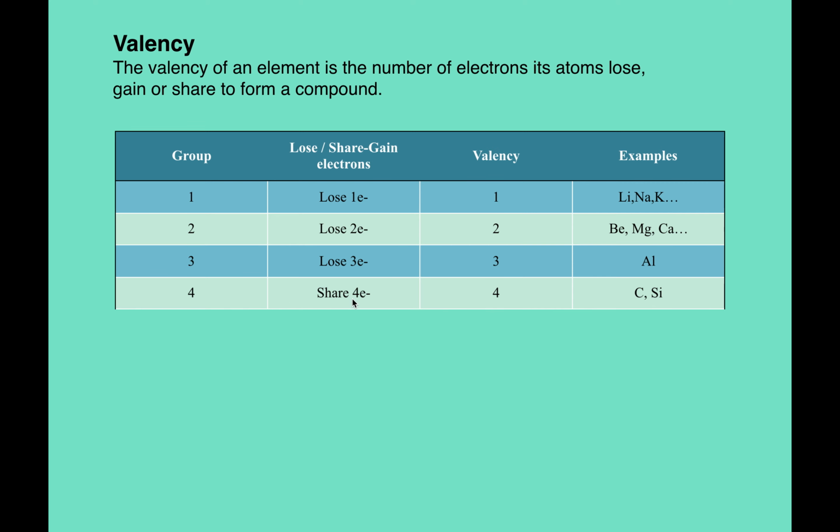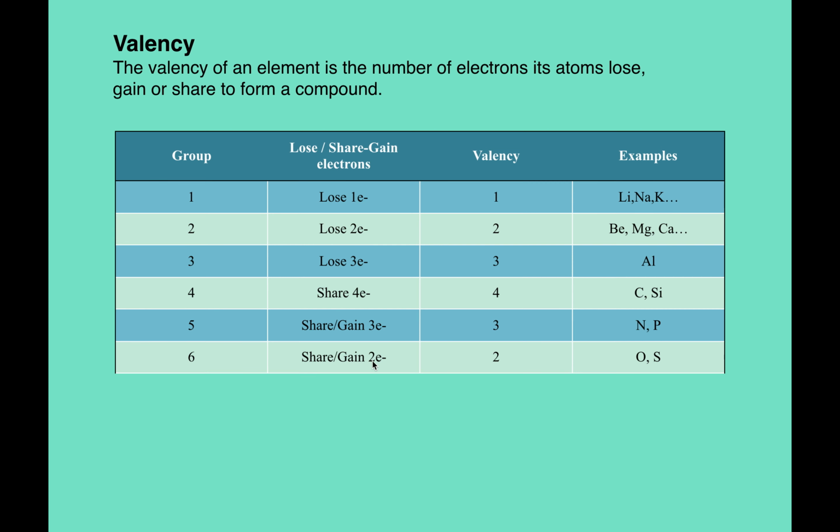They will never lose or gain 4 electrons. They will always share electrons to form covalent bonds, but their valency is 4 nevertheless. Group 5, nitrogen, phosphorus, they can share or they can even gain 3 electrons, but that gives them a valency in both cases of 3.